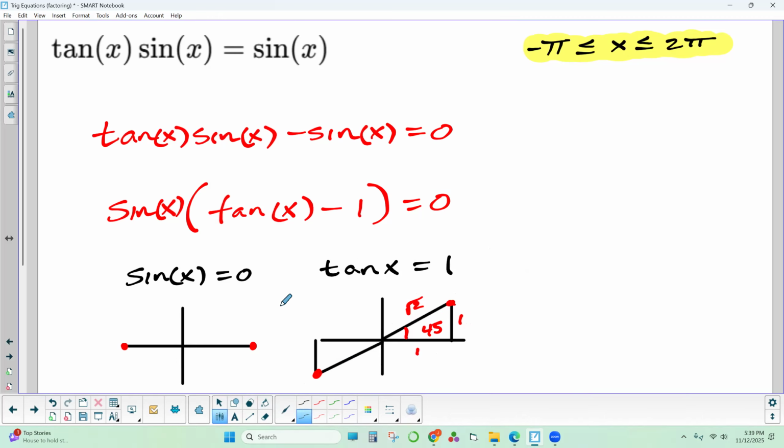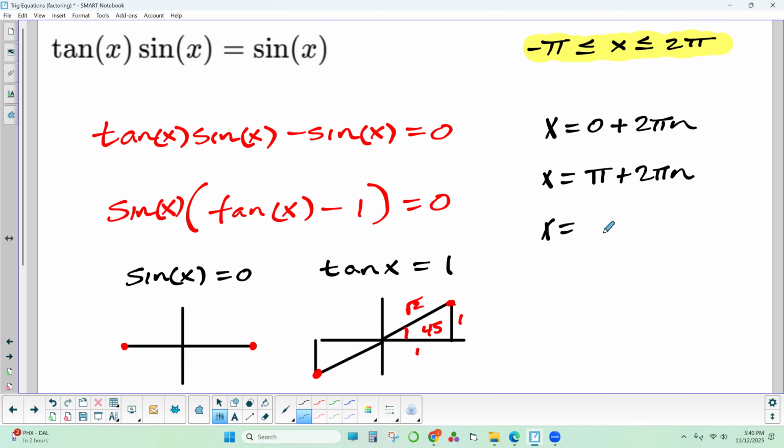I'm going to start the same way as in the previous problem and list all of my primary angles, that is, all the angles in one rotation, 0 to 2 pi. For sine, I have 0 plus a period of 2 pi n, and then x equals pi plus 2 pi n.